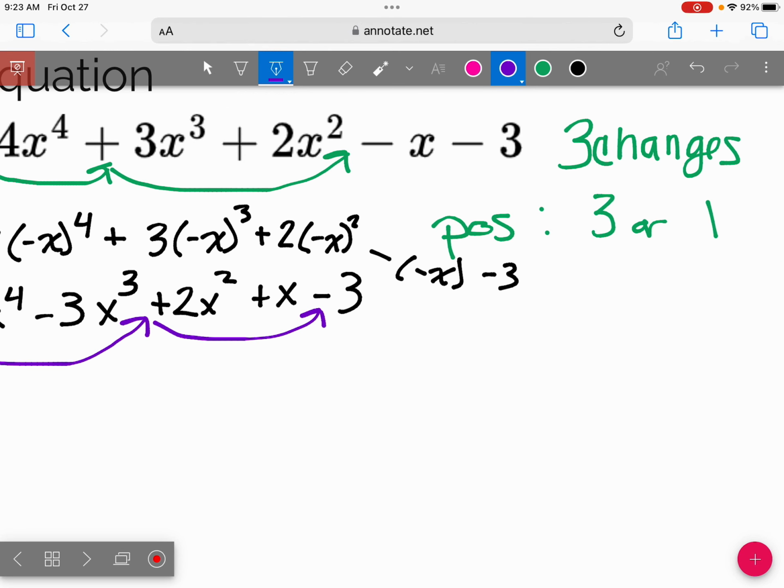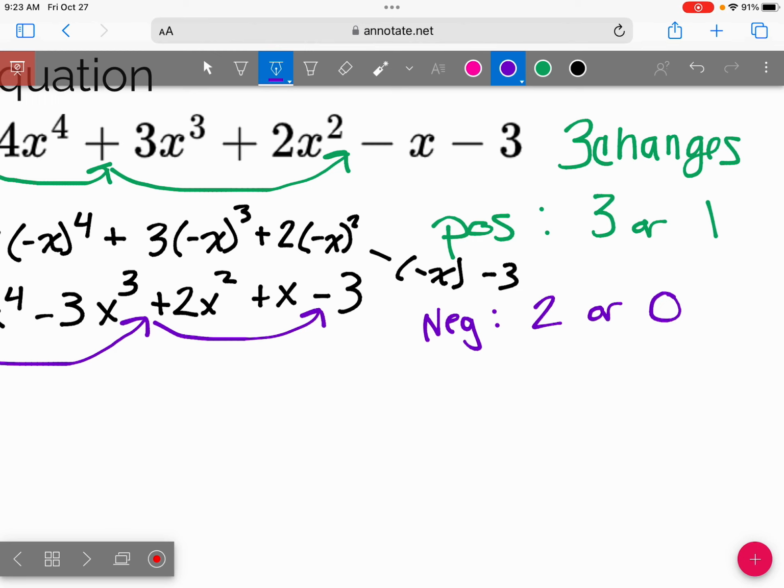So we only care about when it changes. So our negative roots, how many negative roots are we going to have? 2 or 0. If it was negative 4, opposite of x to the 4th, with the negative 4 being in the parentheses, then yes.